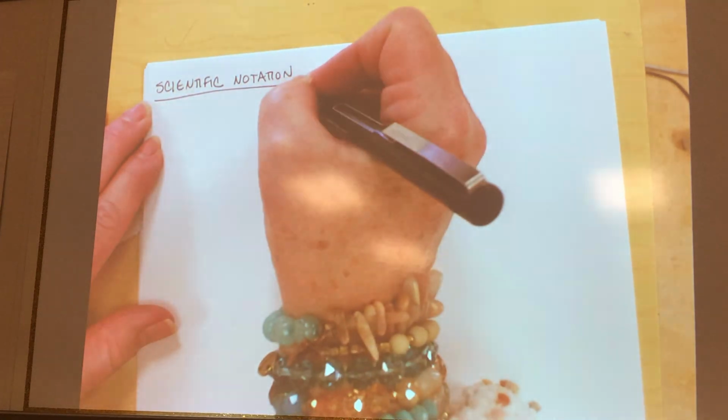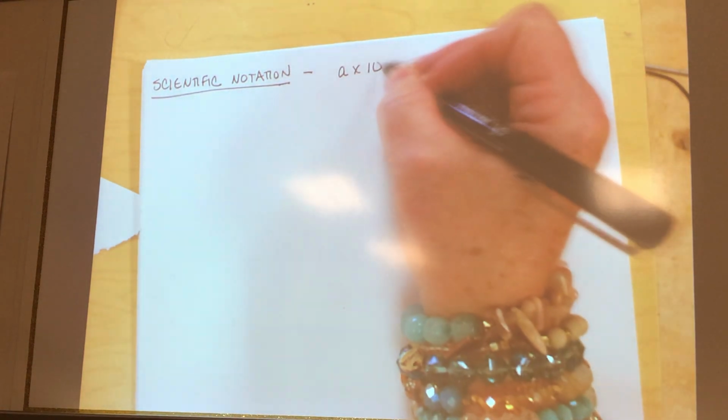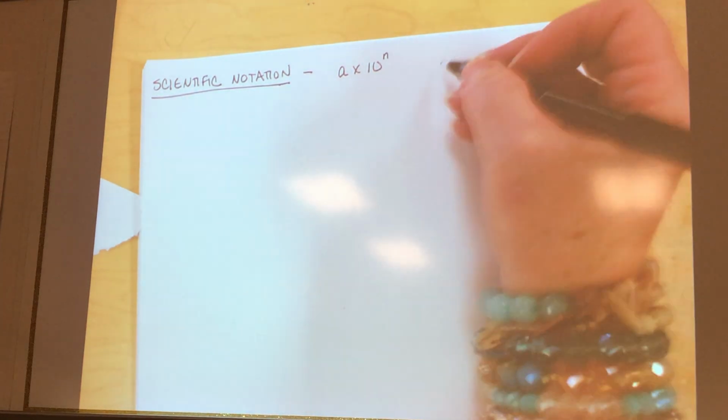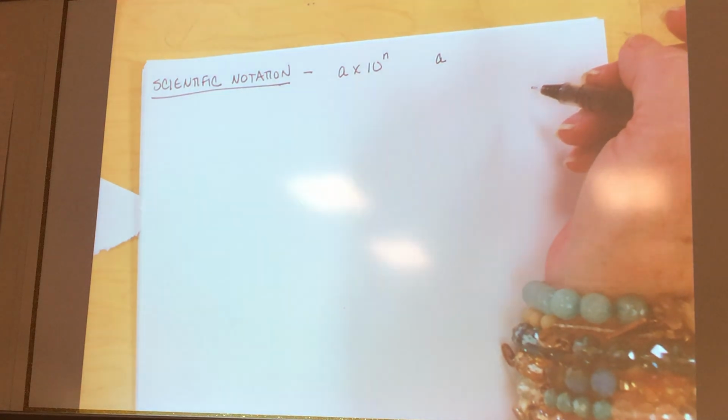Scientific notation. Did y'all study scientific notation in chemistry? Yes. Okay, so this is scientific notation: A times 10 to the n power. Now, tell me what the restriction is on A. Positive.